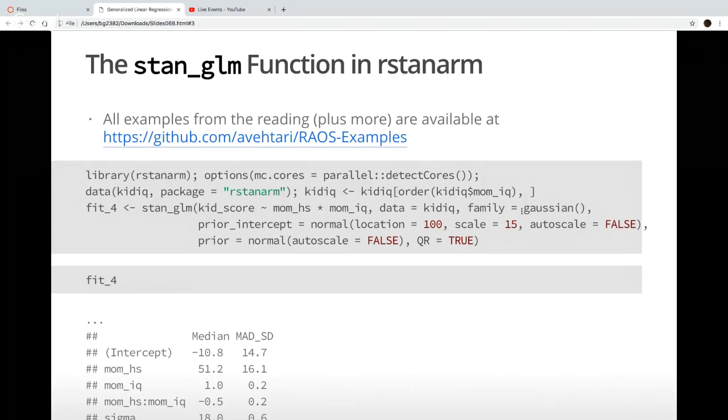because IQ tests are constructed to have a mean of 100 and a standard deviation of 15 marginally. Now, what all of the functions in rstanarm that fit models do, it's going to internally center your predictors. So the intercept in a linear model can be interpreted as the expected value of the outcome for someone with average values on the predictors.